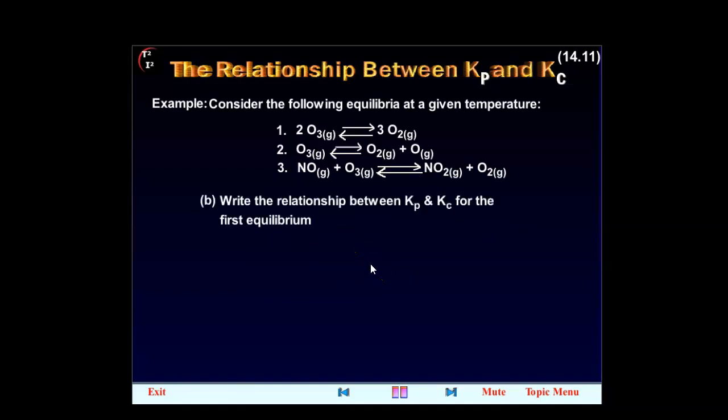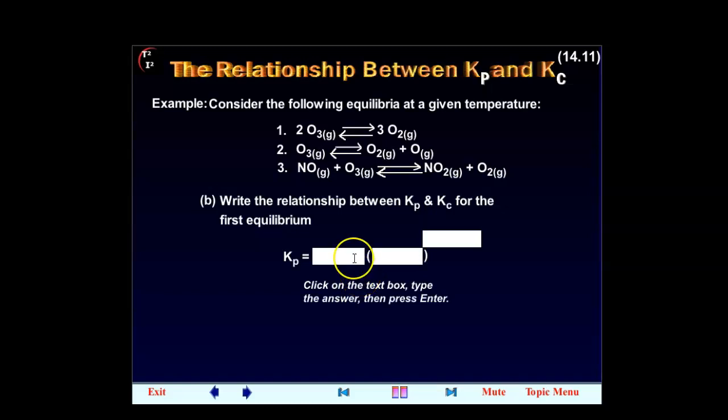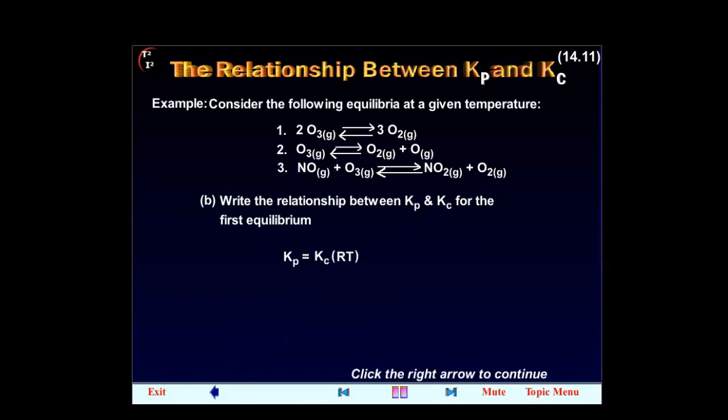B. Write the relationship between K sub P and K sub C for the first equilibrium. All right, go ahead, write the equilibrium expression for that. Remember, this is your N. All right, you should get something like this.